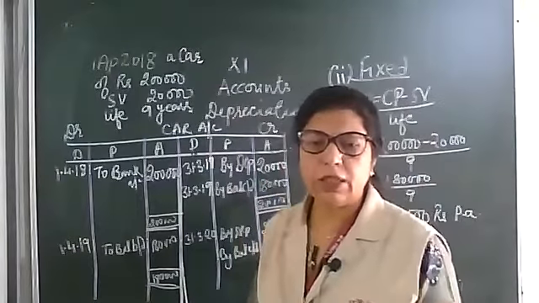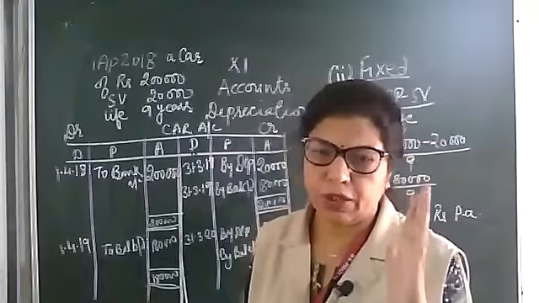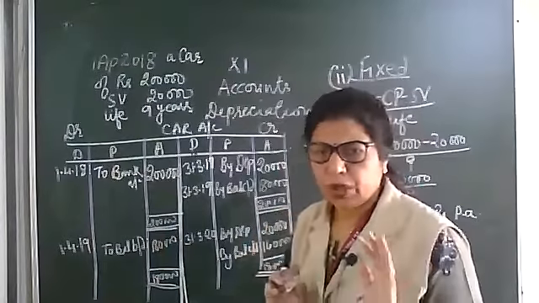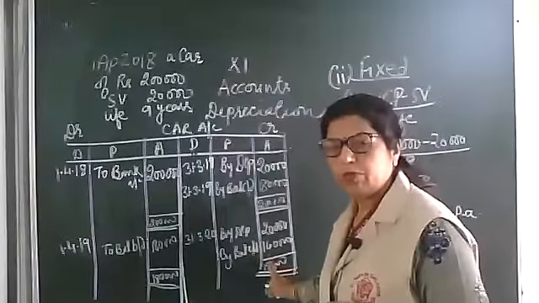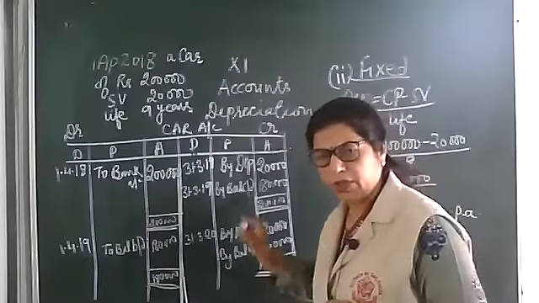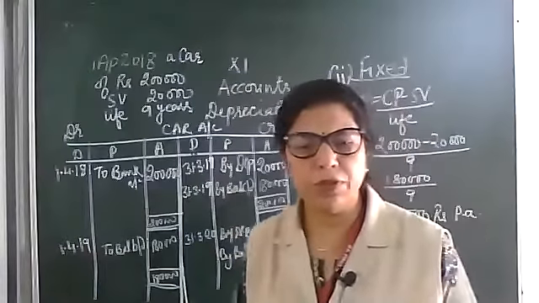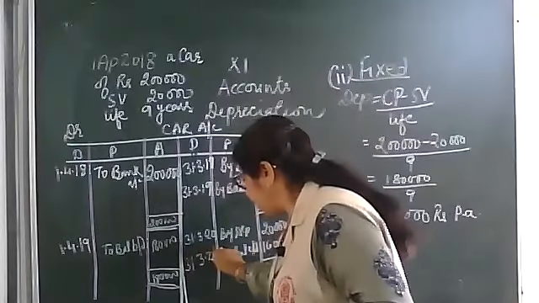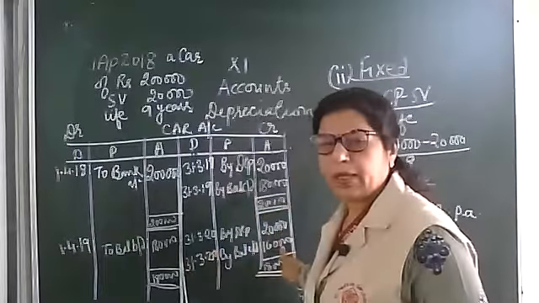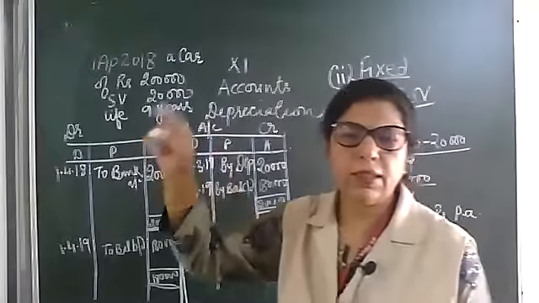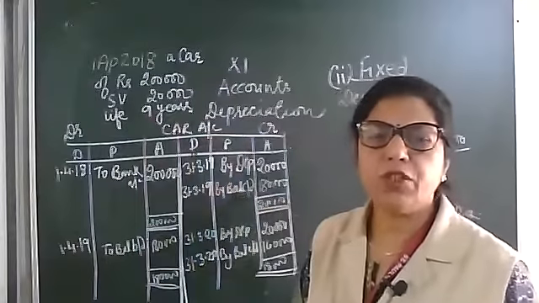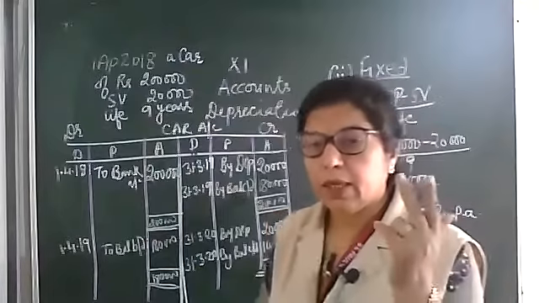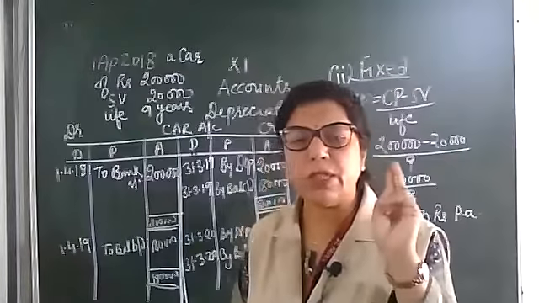Now, if the question says that we should move further, then we will continue that question. So, how to continue that question? Now, you will take the balance 1,60,000. Carry forward, please carry forward. This is the balance CD. Now the next year, the balance BD. Please do it. 1,60,000. Then in the next year, again depreciation of 20,000.